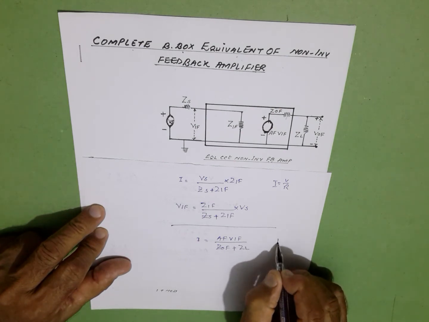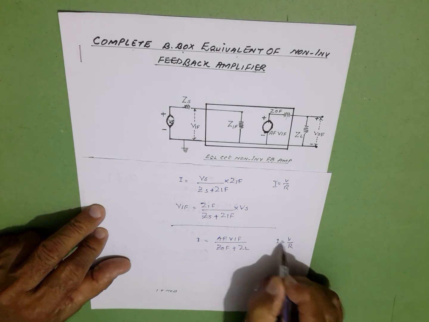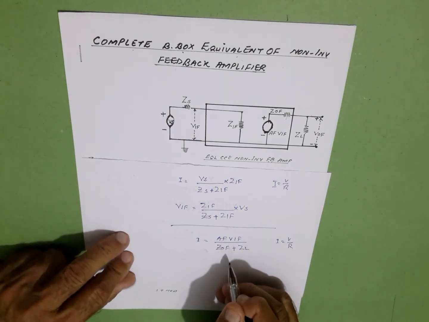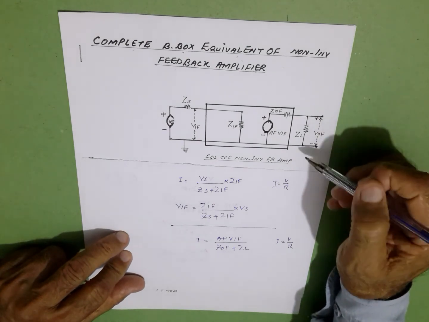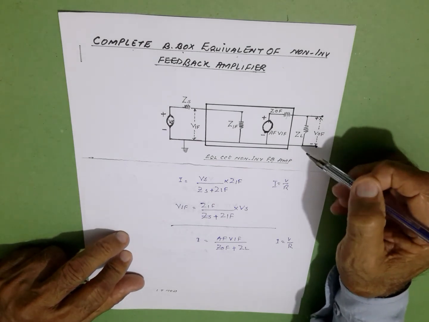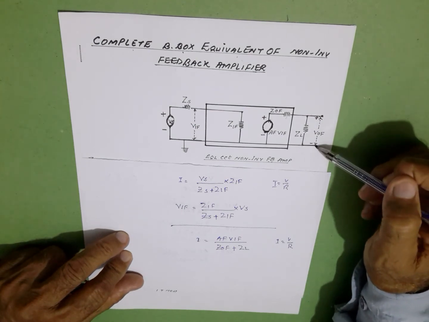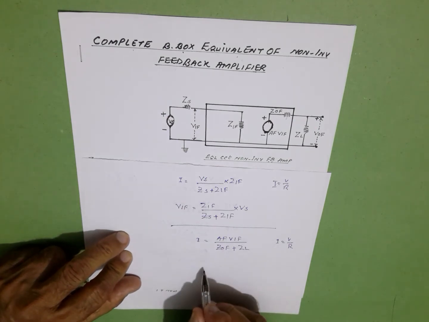This is nothing but Ohm's law, I is equal to V over R. This is V and these are R, and when we multiply by ZL, it gives us the voltage across ZL, and that voltage is our output voltage VOF, the closed loop output voltage.